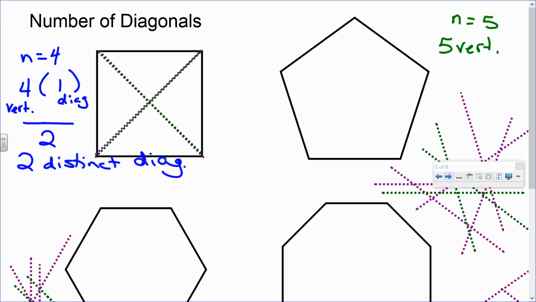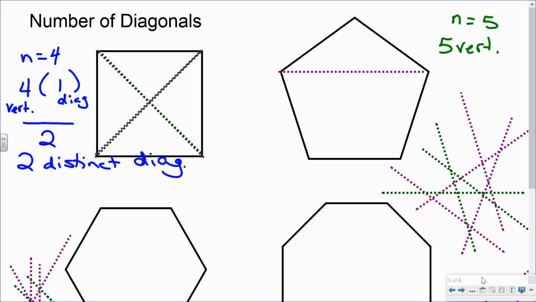For each vertex, I can't draw a diagonal to itself. I can't draw to either of the adjacent vertices. So there are 3 vertices I can't go to. So for this one, I can go, there would be one diagonal, or I could also go there.